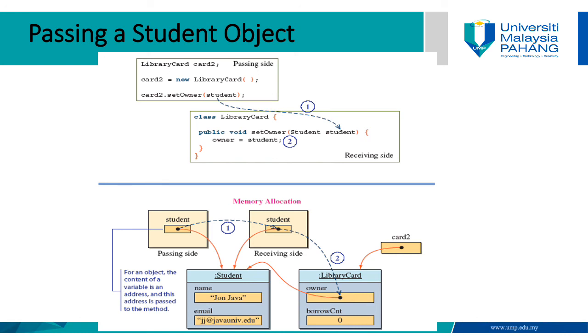So here the student information, which is the name and email, can be retrieved by the LibraryCard class, because the LibraryCard class is calling student in its parameter. So the parameter student here, the owner equal to student, carries the student information, which is the student's name and student's email address.